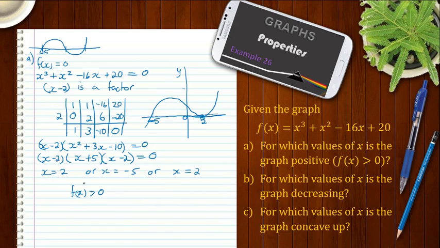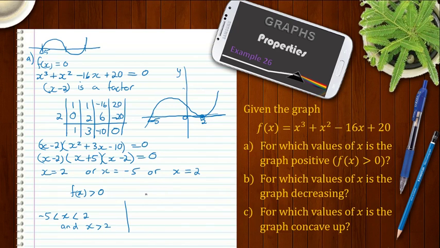So therefore, we can write it in two ways. I'm going to write it in both ways. We can say that we're between minus 5 and 2, so minus 5 is less than x, and x is less than 2. And where x is greater than 2, so all of this is this part, and then greater than 2 is here.